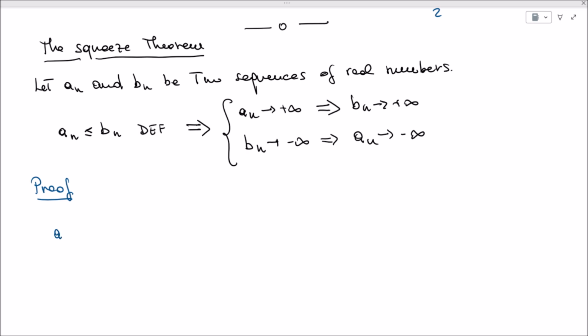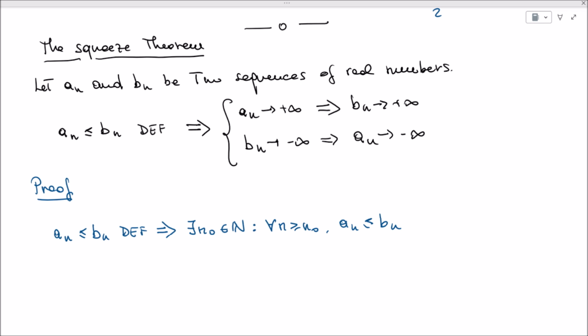Now, we know that an is less than or equal to bn definitively. Well, this is just like saying that there exists at least one natural number n0 such that for every number n larger than n0, it must be that an is less than or equal to bn, just like the same thing.